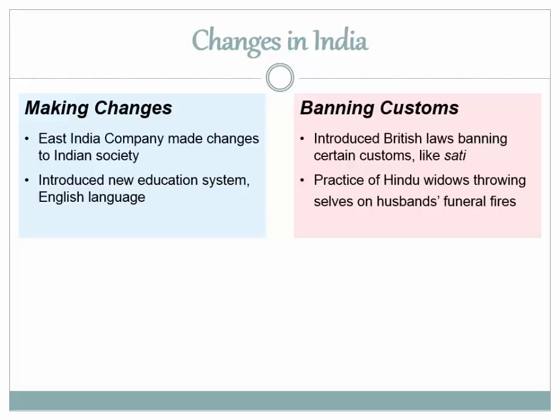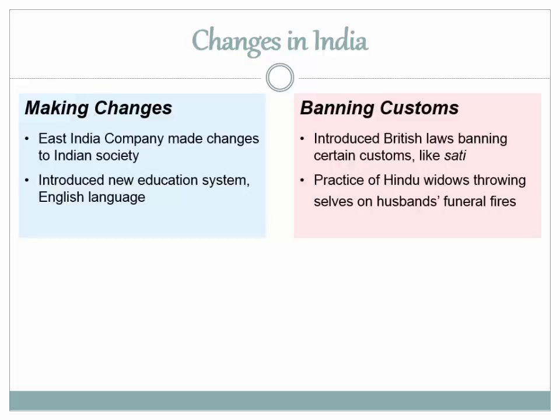You got it. The sati is the one where if the husband dies, the woman throws herself onto the funeral pile alive and burns alive. Remember reading about that? It was on the WebQuest. It was part of the WebQuest.